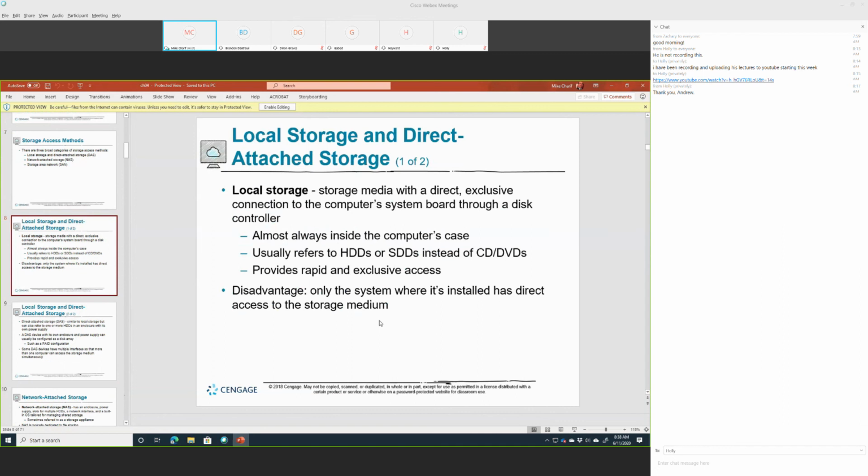Now, of course, if you share something, people can access, but it's directly attached to that. That's why in the virtual environment, to create some kind of cluster and to create redundancy, you have to have what we call common storage for multiple servers to achieve that. And that's basically what they tell you about the disadvantage.